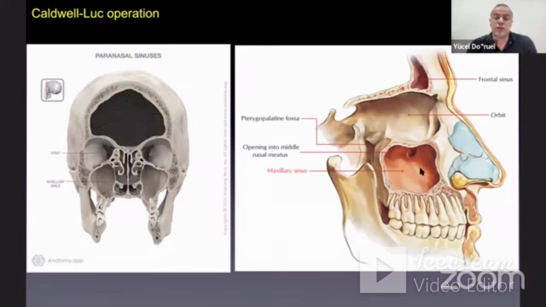The maxillary sinus, interestingly, has been used for more than 100 years by ENT surgeons to treat different pathologies. But interestingly, it was not used for treatment of intraorbital lesions until recently.